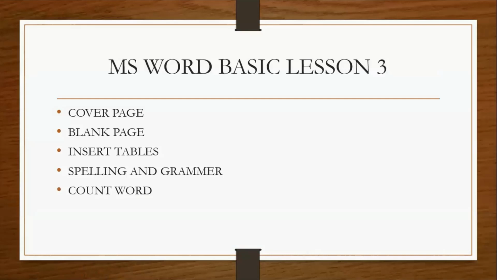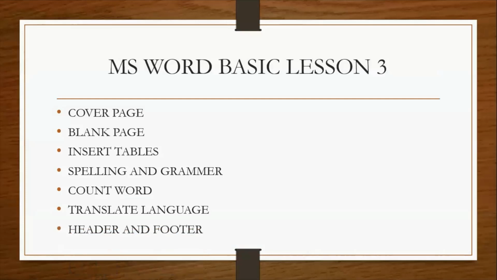So for instance, I get an essay to write, no more than 250 words. I'm going to show you exactly where you can find the count words right there. Translate language. For instance, you can translate the whole entire document to a different language, or translate a little section. And you'll notice header and footer right here. So this is exactly what we're going to be looking at.